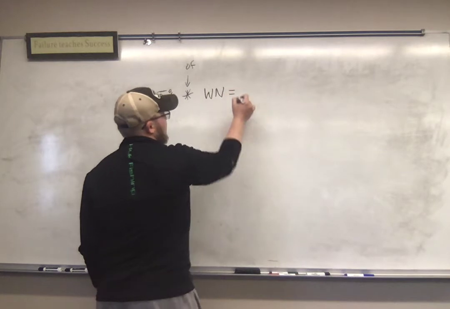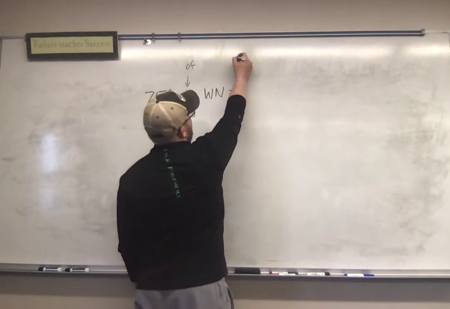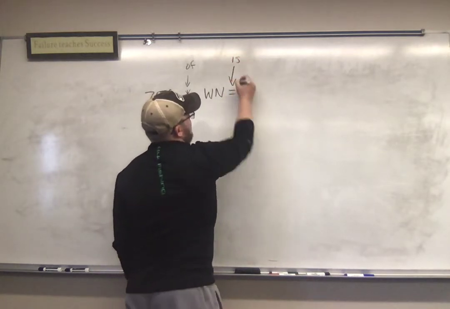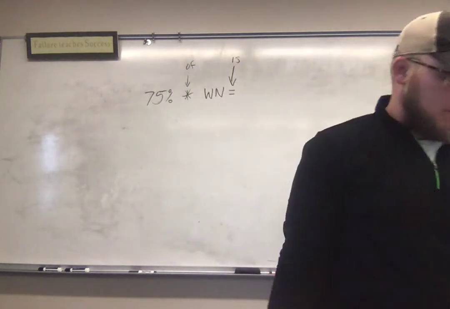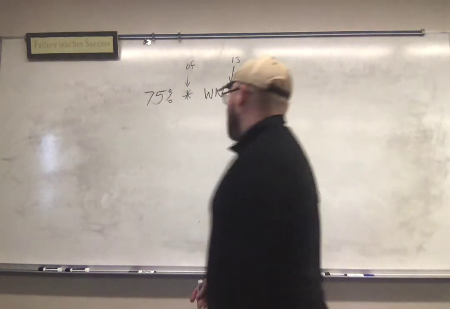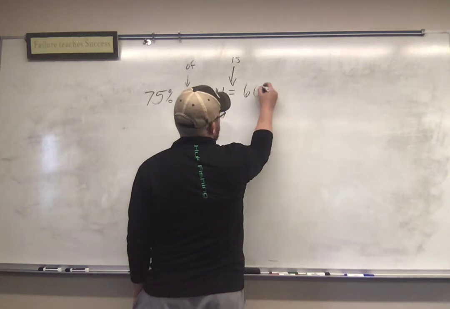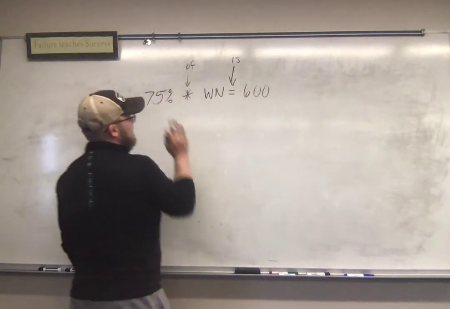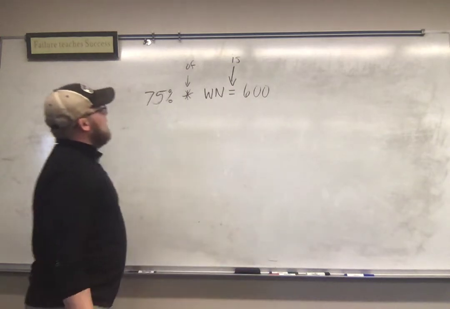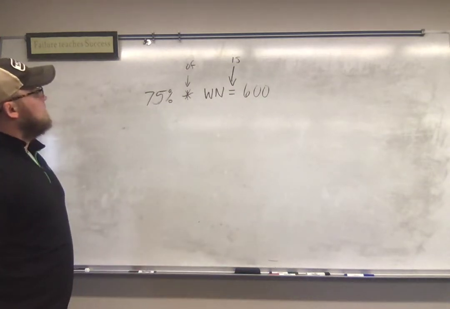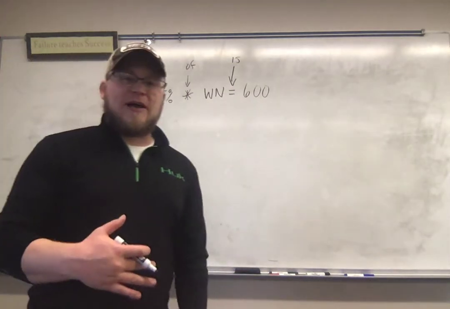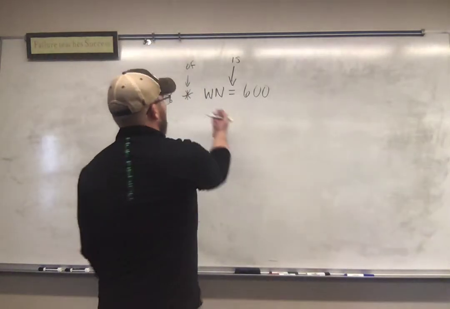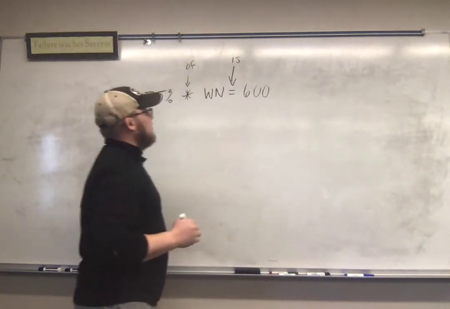WN is going to equal, that's is, equals 600, okay? So we're looking for a number that's going to be 75% of a total. We're looking for 75% of a total, a number that we don't know, and it's going to equal 600, okay?